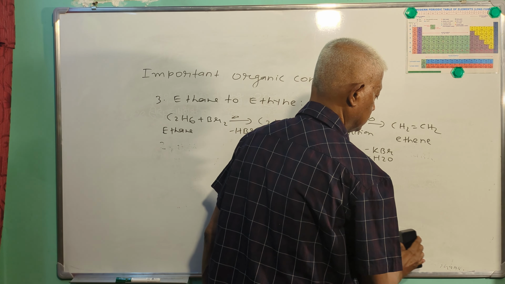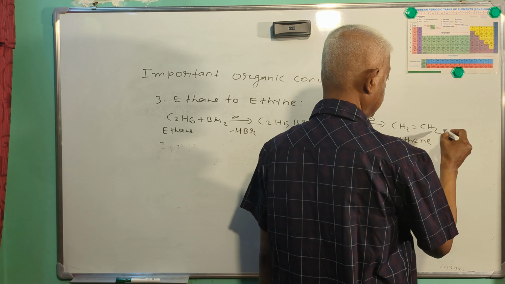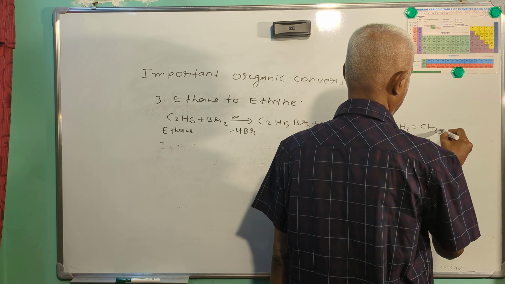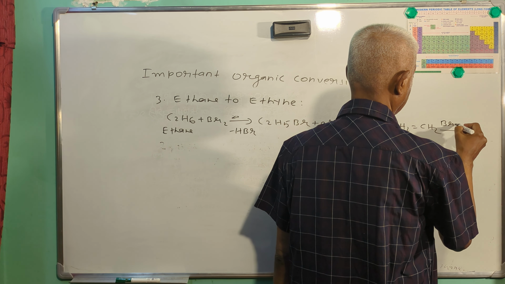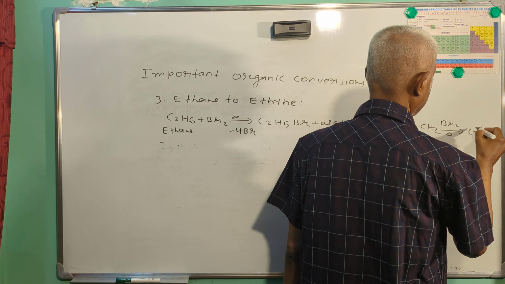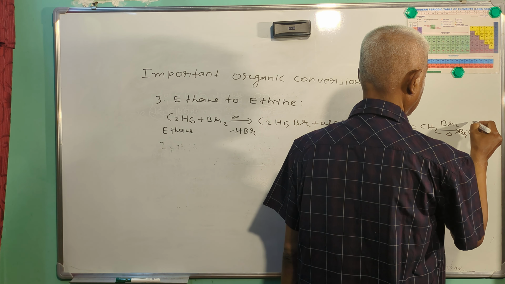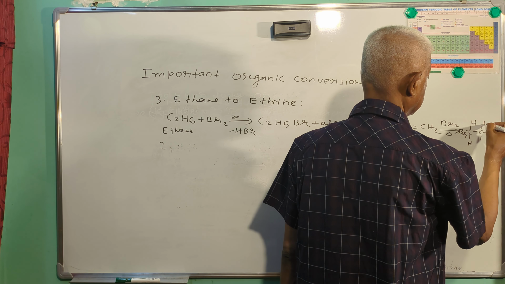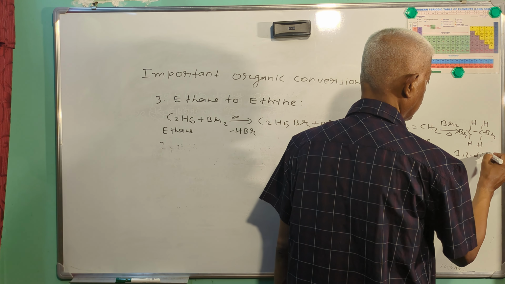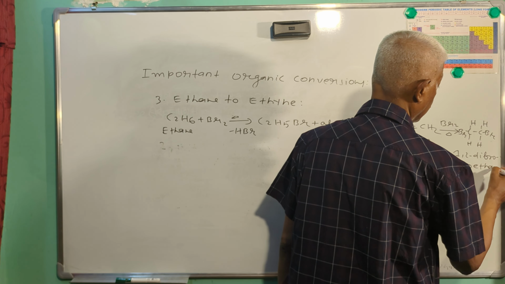Now from ethene, it is treated with the same bromine. We get a compound whose name is 1,2-dibromoethane.